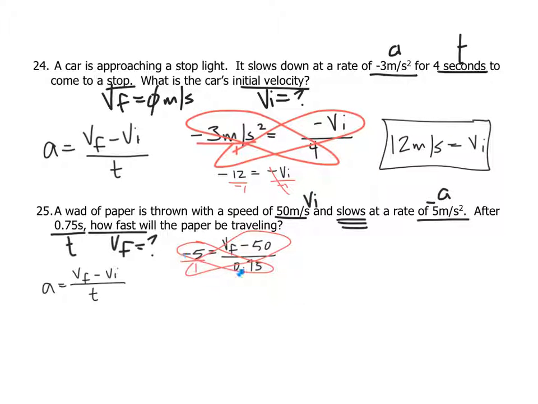So a negative 5 times 0.75 is a negative 3.75, and 1 times VF minus 50 is just VF minus 50.